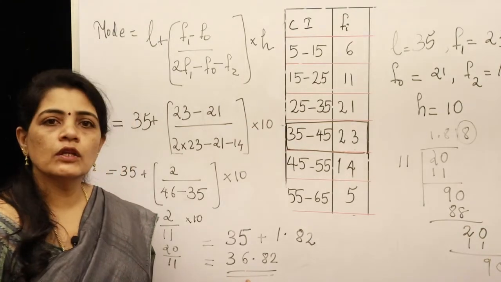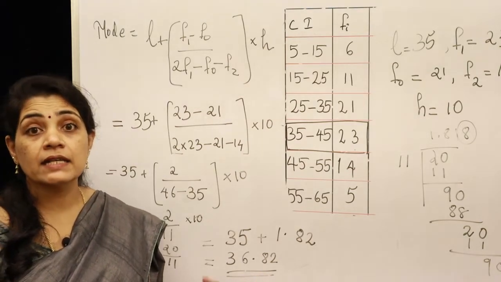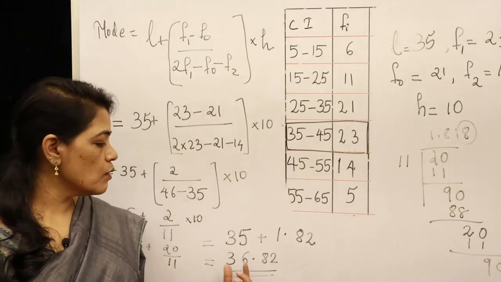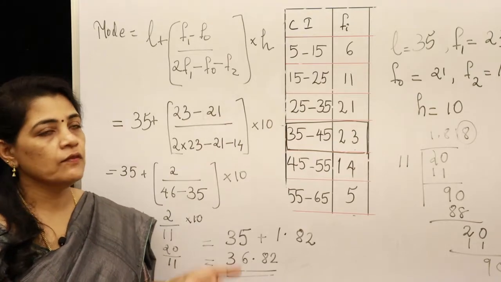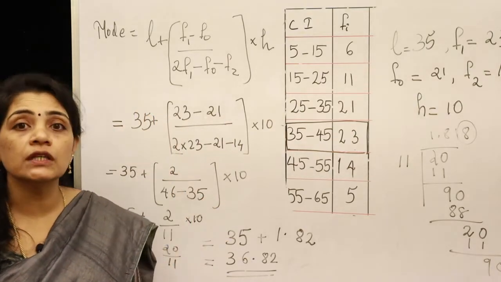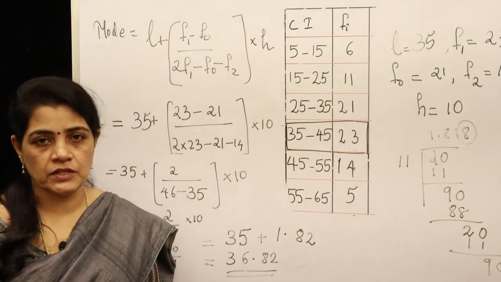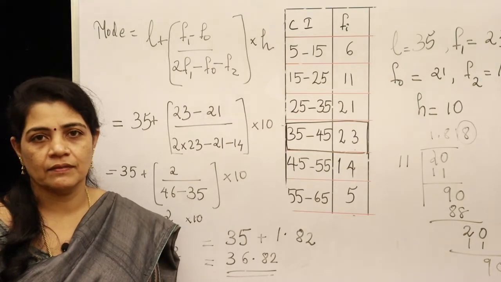The mode, 36.82, means that the maximum number of patients admitted in the hospital are of age 36.82. This is the interpretation of these two measures of central tendency.